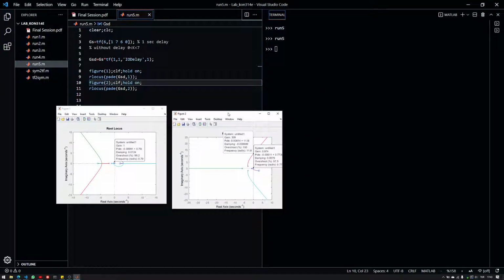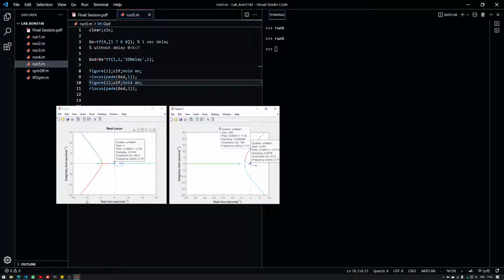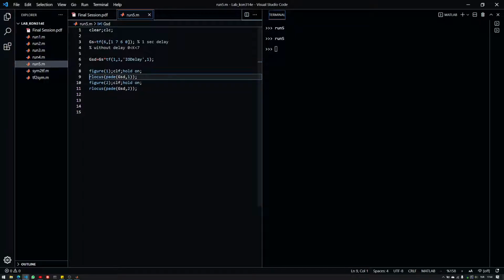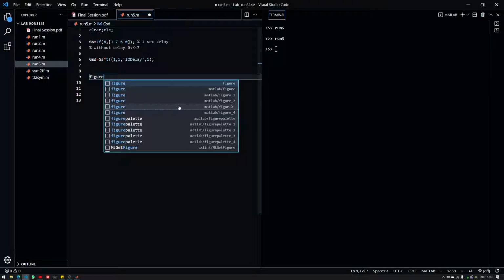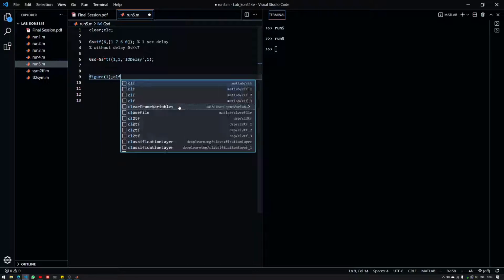So I can see now that the higher the Padé approximation degree is, the lower the gain value becomes, for this system especially. Now, of course, in terms of step responses, let's see what these step responses look like, so you get a feel of the approximation.